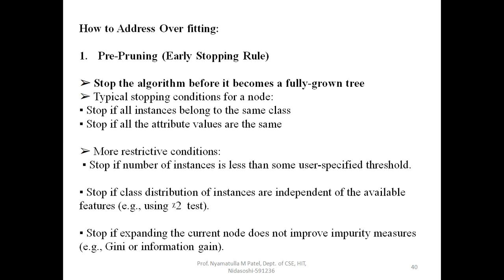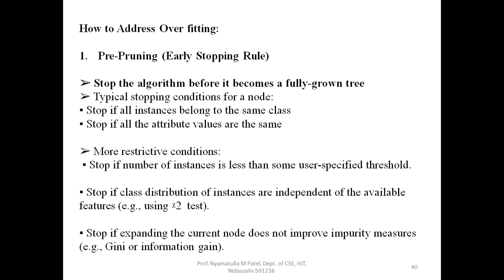Stop if all the instances belong to the same class, meaning all the objects in the set are of the same class, then stop splitting the node. And stop if all the attribute values are also the same. If the attribute values of all the training sets are the same, then also you need to stop growing the tree.